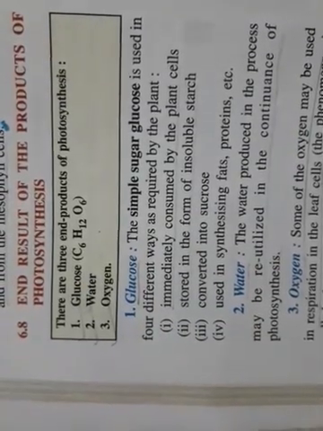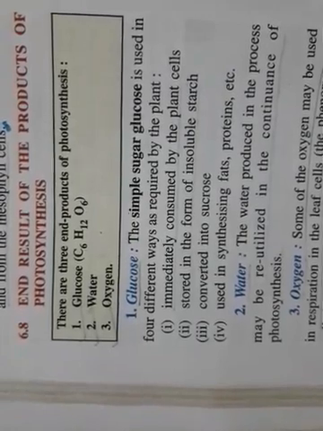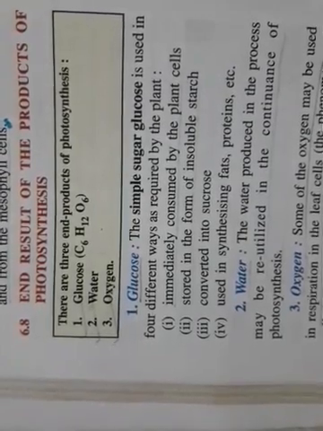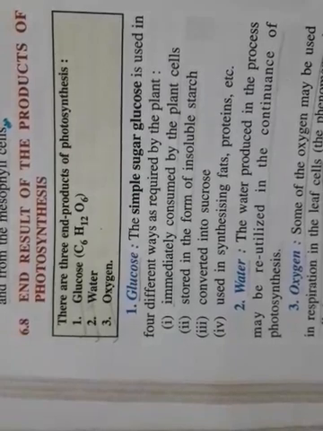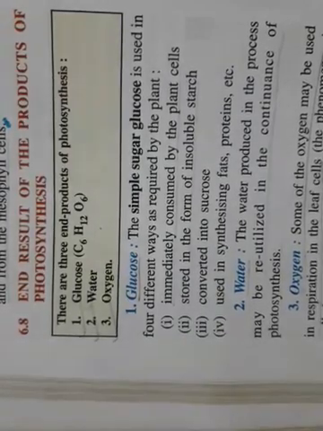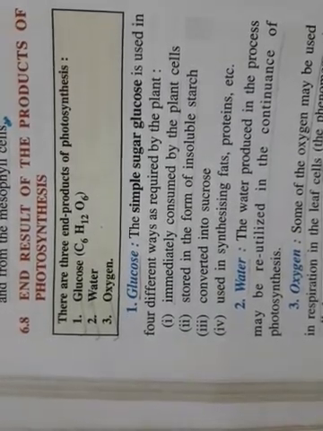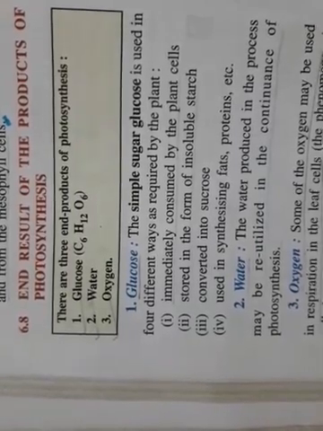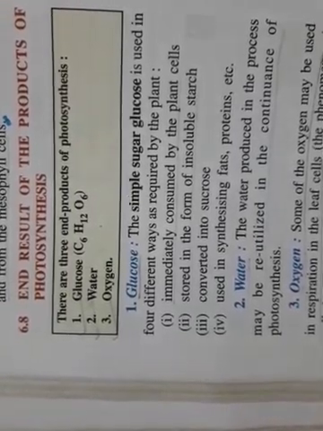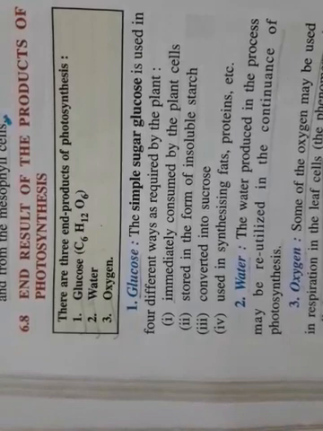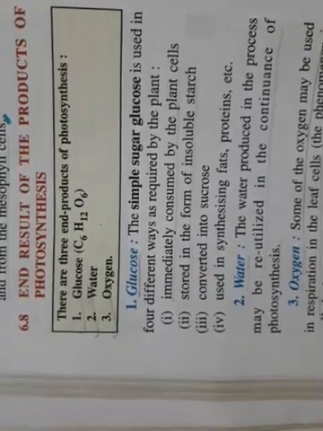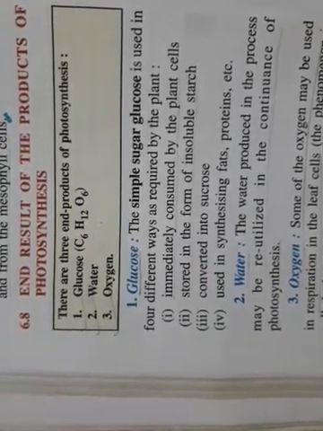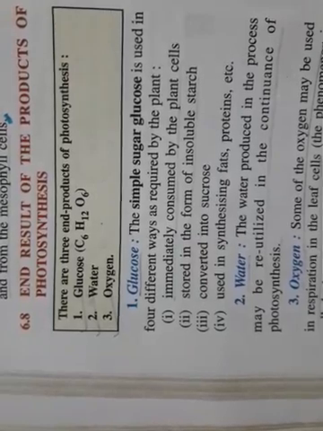The end result of the products of photosynthesis. You have already done the equation of photosynthesis. You know the products are glucose, water and oxygen. What happens to all three of them? The fate of these end products.